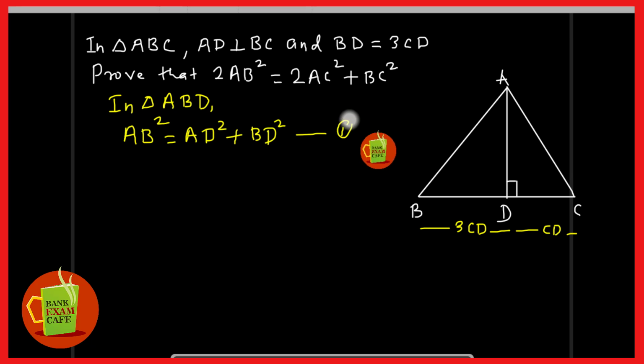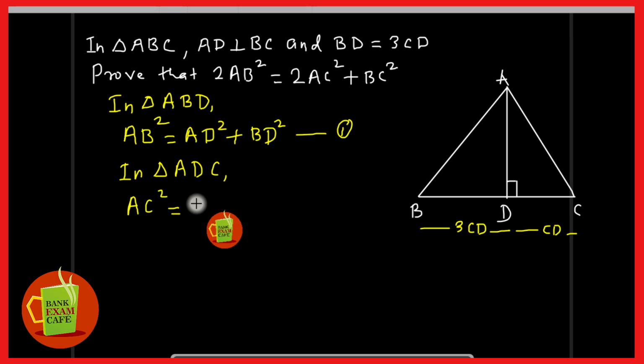Let this be equation number 1. Now similarly in triangle ADC, we have square of the hypotenuse, that is AC square, which is equal to AD square plus DC square.